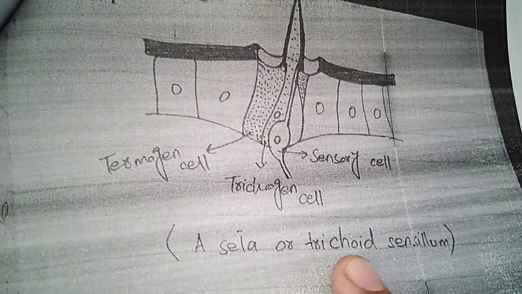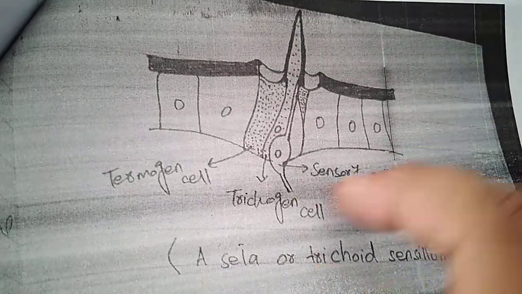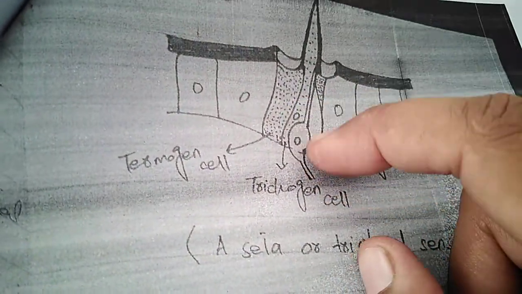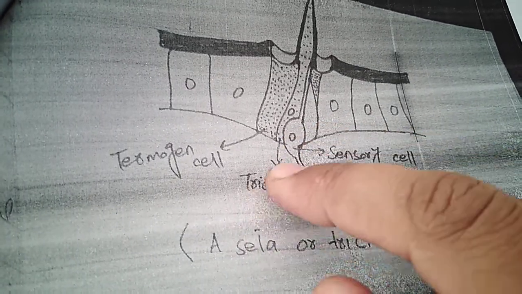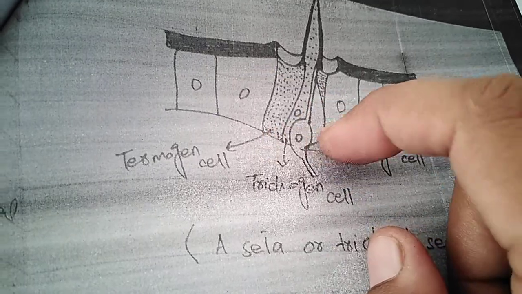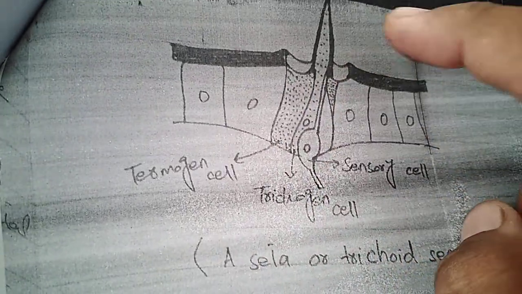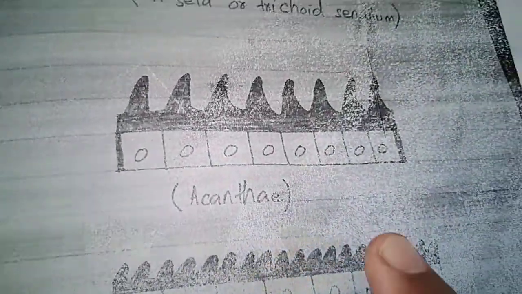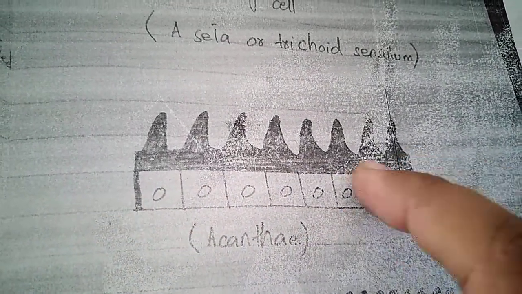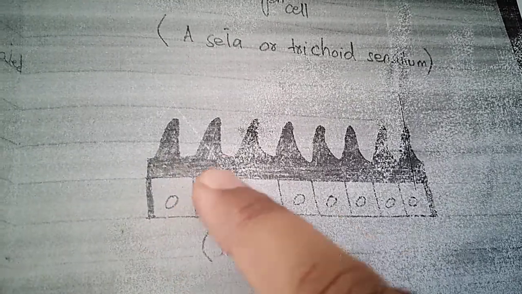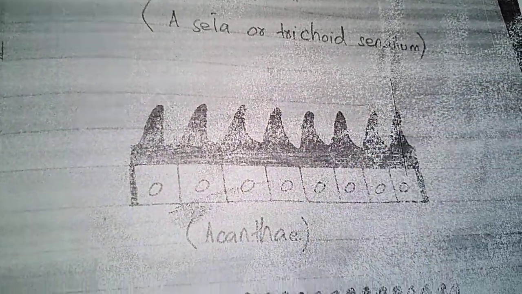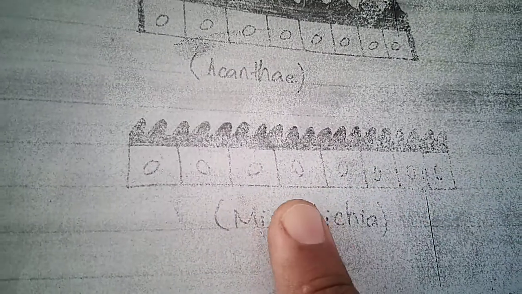This is the seta on the trichoid sensillum. The seta is evolving from the epidermis, and this is the trichogen cell, and this is the tormogen cell, which is the socket in which the trichogen cell is present. Next is the diagram of acanthae. Epidermal cells are present in a single line, and protuberances originate from its surface. This is the microtrichia.